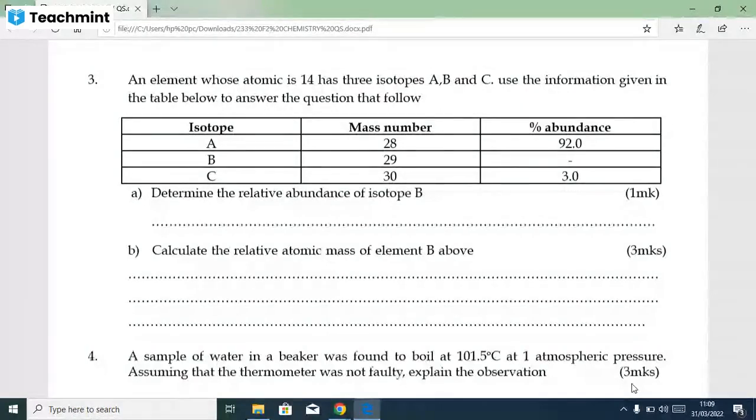Nimepata 5.0. Good. 5%, right? Yeah. Oh, correct. B nimepata.